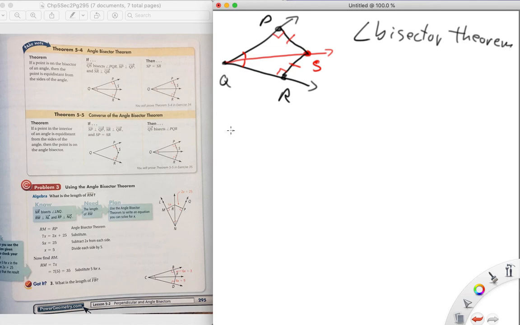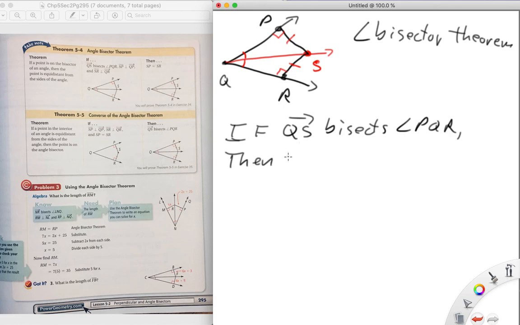And it says that if ray QS bisects angle PQR, then SP is perpendicular to PQ, and SR is perpendicular to QR.